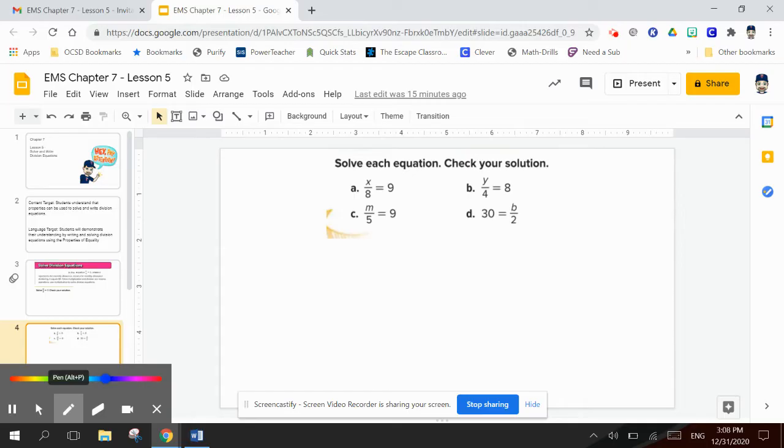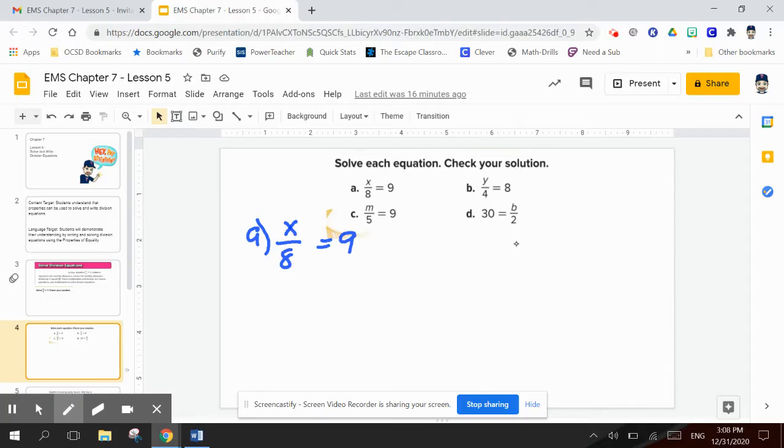So let's take a look at some examples here. Let's solve each equation. Letter A: x divided by 8 equals 9. I'm going to multiply both sides of my equation by the denominator. The denominator is 8, so I multiply by 8 over 1, and I multiply by 8 over here. 8 over 1 and 8 are the same thing.